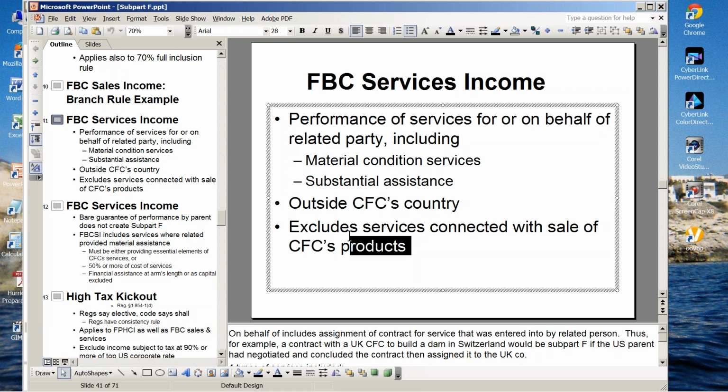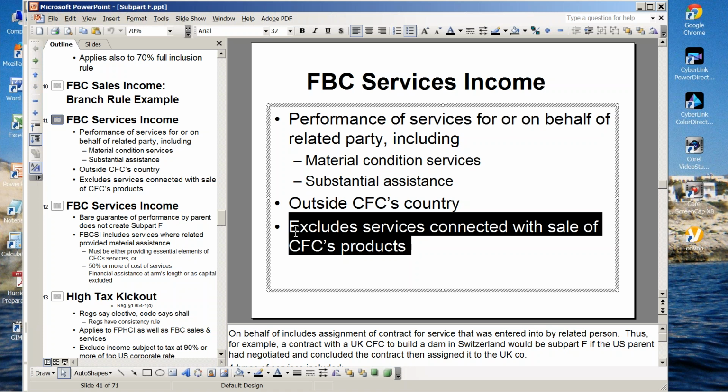Now, there is an exclusion. Any services connected with the sale of the CFC's own products are not considered to be foreign-based company services income, no matter where they're performed or no matter who's involved with it.